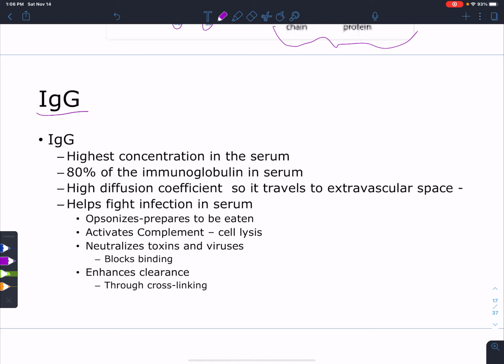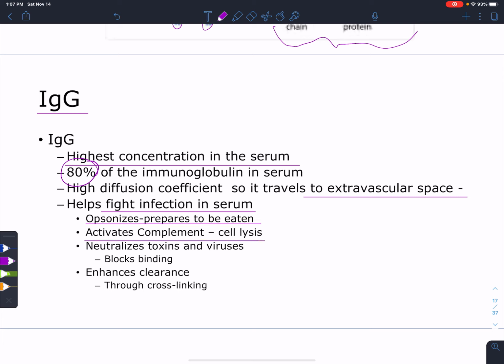So IgG, this is the one we have the most of. It is 80% of the immunoglobulins that you would find in serum. It travels to extravascular space. That's important. Helps fight infection. Opsonizes. Remember, it prepares it to be eaten. Activates complement.